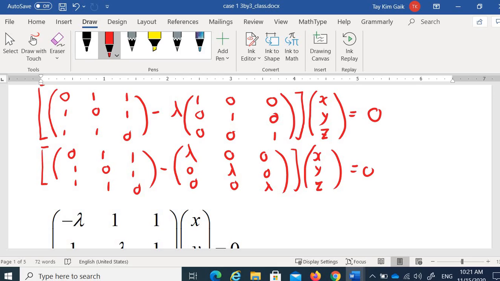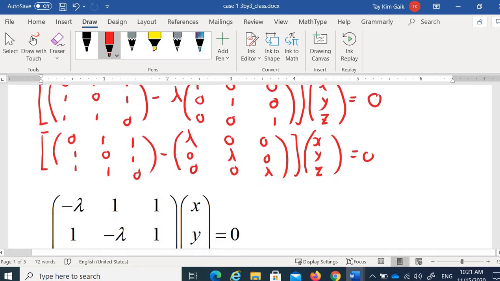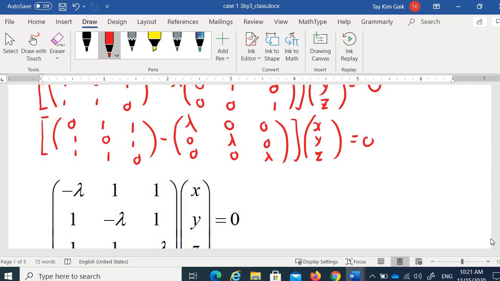Now you can subtract element by element. So 0 minus lambda is minus lambda, because subtracting lambda I only changes the main diagonal. The matrix A has all 0 values on the diagonal, so 0 minus lambda is minus lambda at each diagonal position.